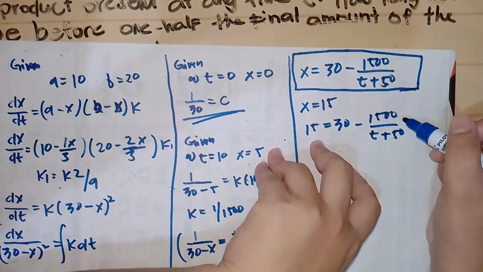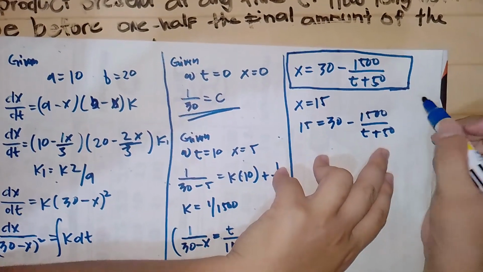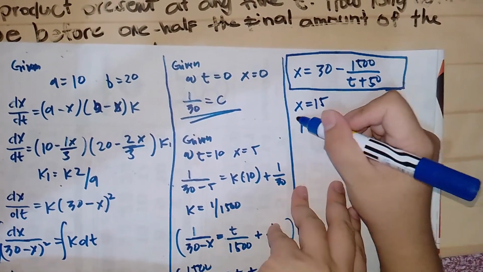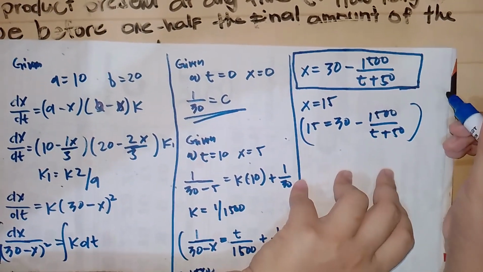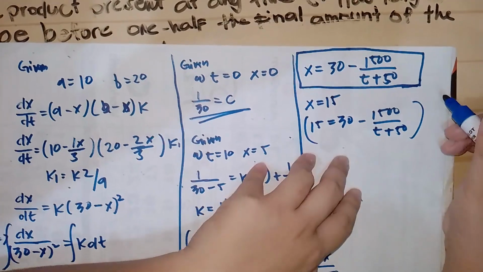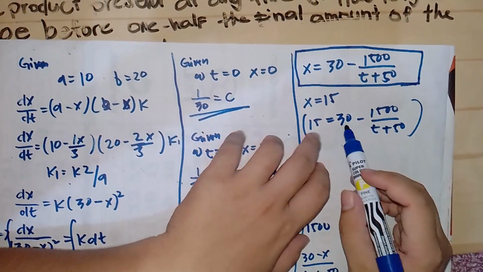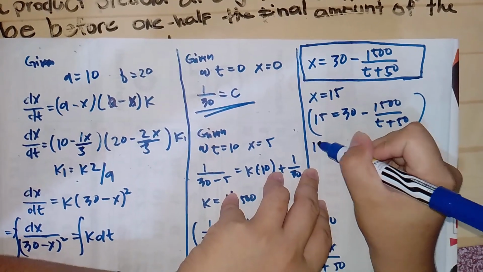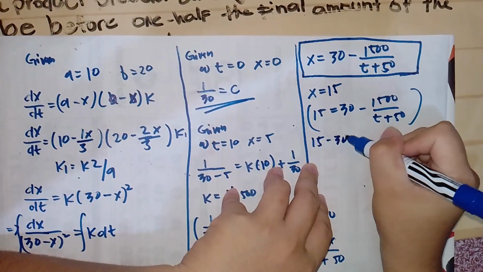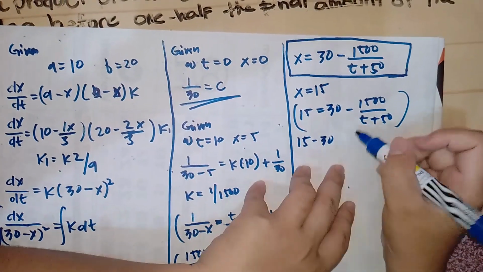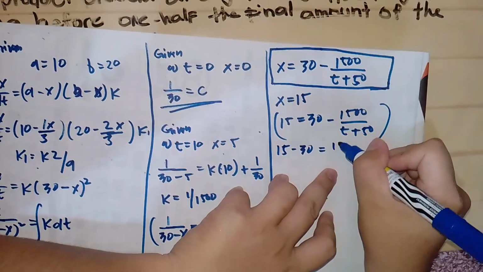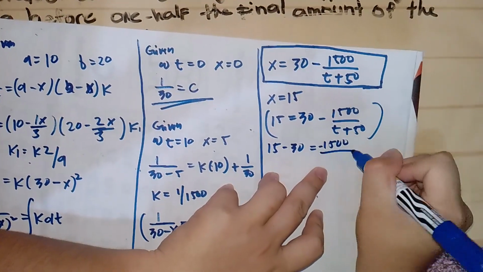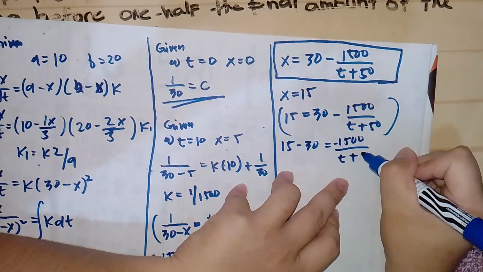Before that, we have to transpose the 30. So 15 minus 30 is equal to negative 1,500 over t plus 50.